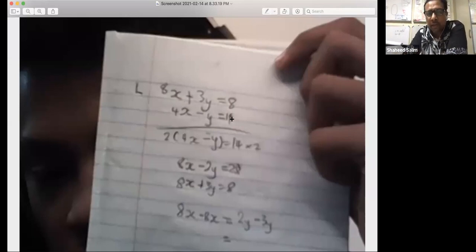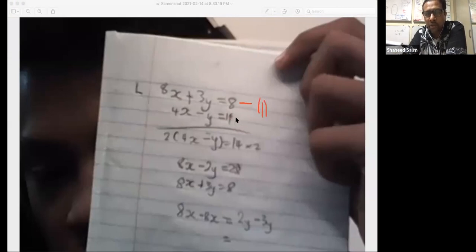What Ryan is doing down here, I will annotate. Let's say this one is equation 1, and this one he calls equation 2. But the problem now is equations 1 and 2, with 8x and 4x, if you minus, you still have a balance. 3y minus y, you have a balance also. So why not we times this by 2, we can get 8x.